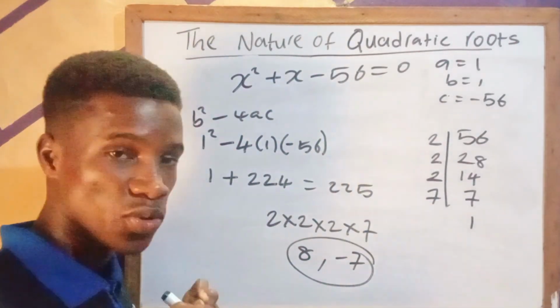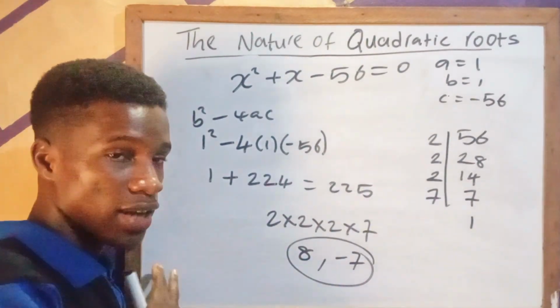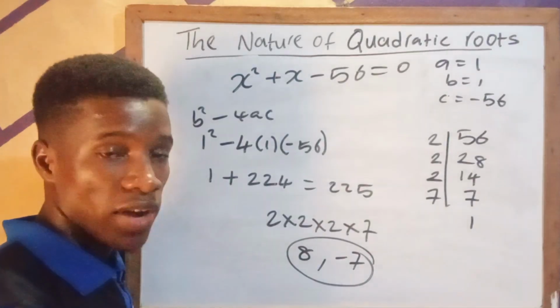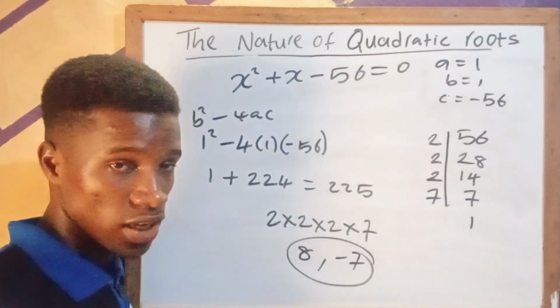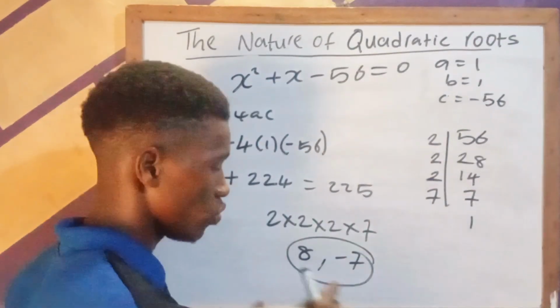I believe you understood this. Now you can pause this video and go backward a bit to understand this process, because this is actually what factorization helps you to do. Is that clear? So pause the video and step a bit backward and understand what we did to get these factors.